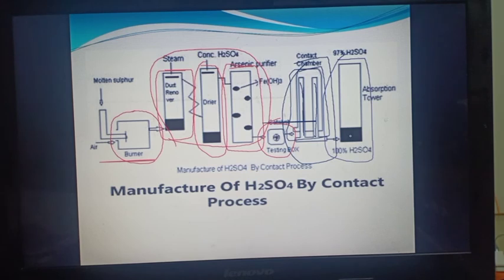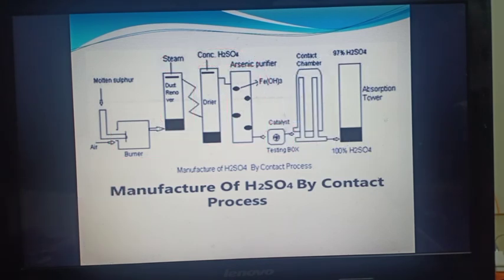If you look at this nozzle, the stream of H2SO4 comes in contact with the gas and it gets converted into oleum, which is also called pyrosulfuric acid, and then it gets diluted with a calculated amount of water to get H2SO4 of required concentration. In this manner we obtain H2SO4 by the contact process.